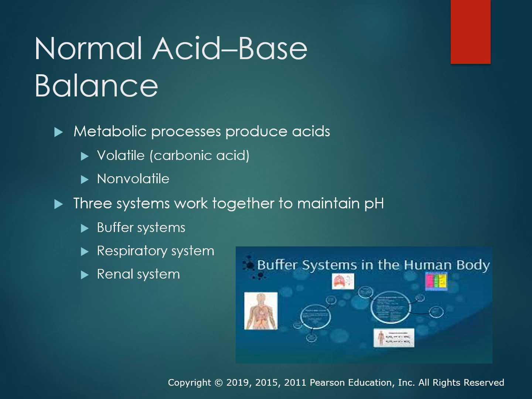Most acids and bases in the body are weak, that is, they neither release nor accept a significant number of hydrogen ions. Despite the body's continuous acid production, three systems work together to maintain pH within a normal range. These systems are the buffer systems, the respiratory system, and the renal system.